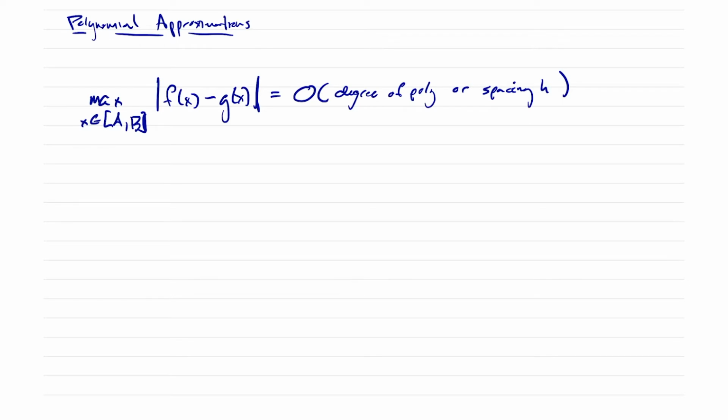That's generally what we're trying to show. That way we know if we increase the degree of the polynomial, we can get control over how big this is and hopefully make it go to 0.